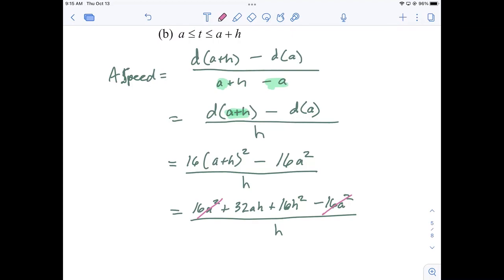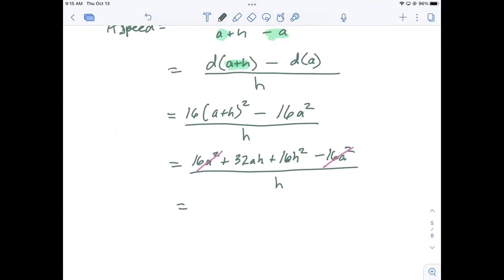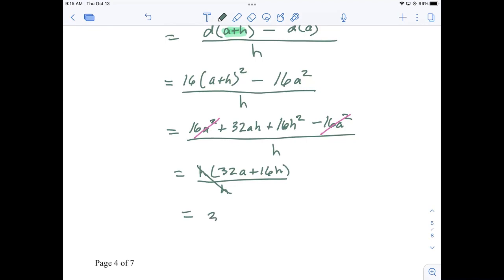They cancel. Good. And what are we left with in the top? Well, we're left with two terms, both of which have h. So we'll factor out the h, and that leaves us 32a plus 16h all over h. Now does it look like anything? Still not ringing a bell? Oh my gosh. What happens with your h's? They divide out, and we're left with 32a plus 16h.